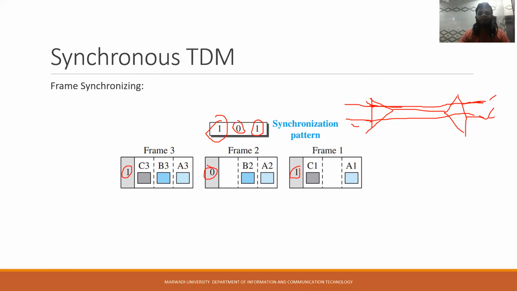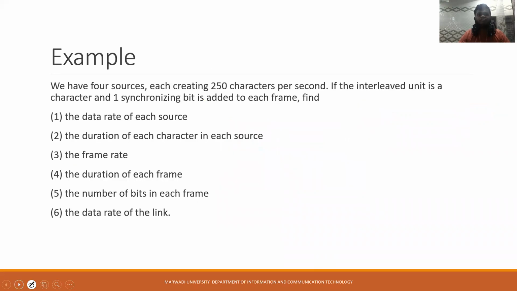This technique is called frame synchronization, and these bits which we are using in the frames are called synchronization bits. So these synchronization bits help the demux to identify the frames. Mostly the pattern for the synchronization bits would be alternating ones and zeros. So first we have one, then we have zero, then again one, then if there was a fourth frame, you would have zero, and the data bits would be here. So that is the frame synchronization.